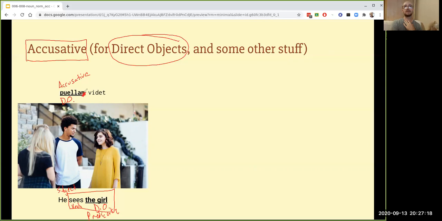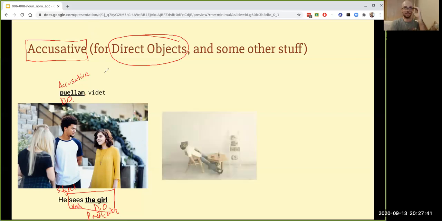Instead, it's just puella. That would be the nominative form. But we have the accusative form, so we know it's the direct object. So if we had to translate this, we would know direct object. In English, we would translate it after the verb, because that's the English rule for direct objects.